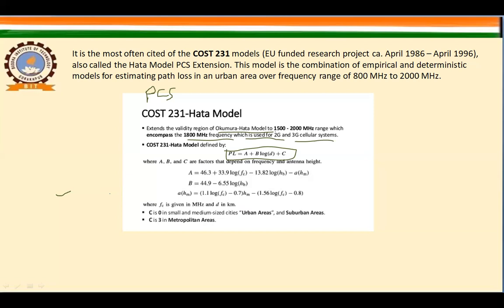A is equal to 46.3 plus 33.9 log of FC minus 13.82 log of HB minus AH of M. B is 44.9 minus 6.55 log of HB.